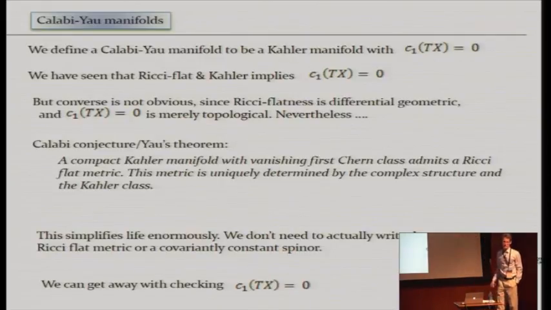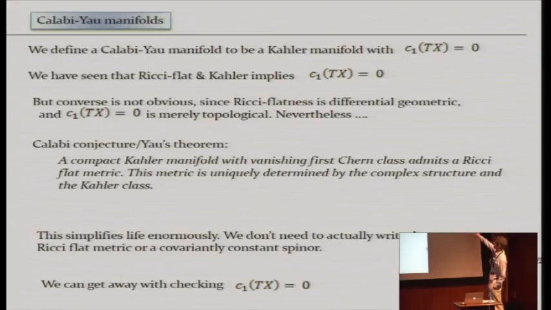So, as we saw before, in order to solve this BPS equation, this covariantly constant spinor equation, it's a necessary condition that the manifold is Kähler and Ricci-flat, and that this topological condition, the first Chern class, vanishes. The c1 of X is basically the cohomology class that you constructed from the Ricci tensor.